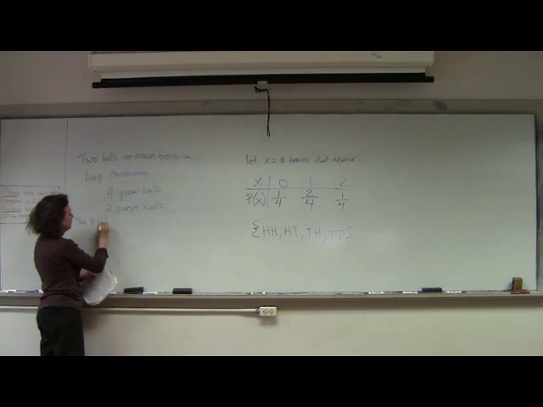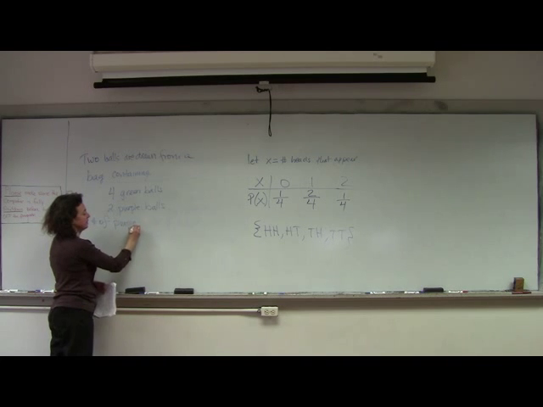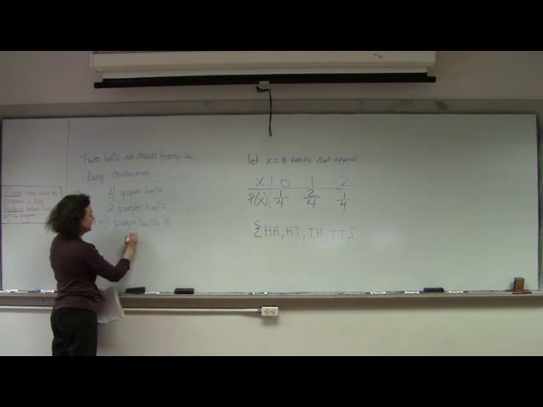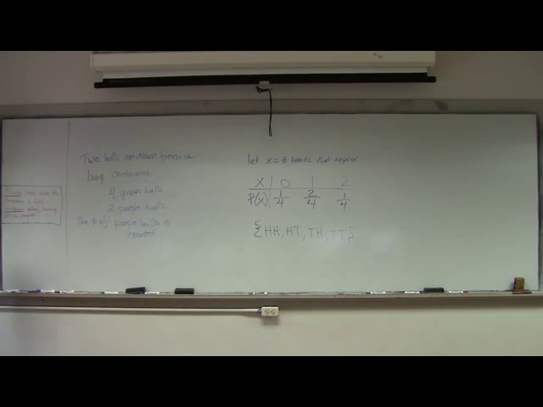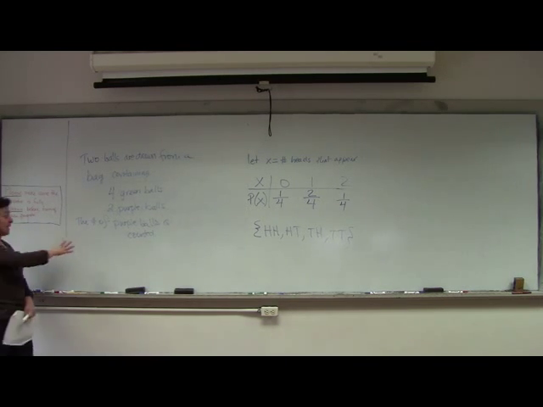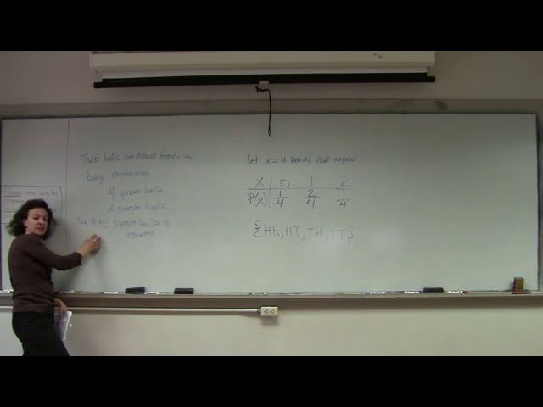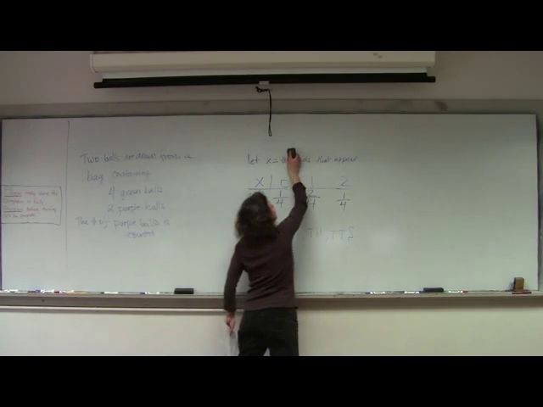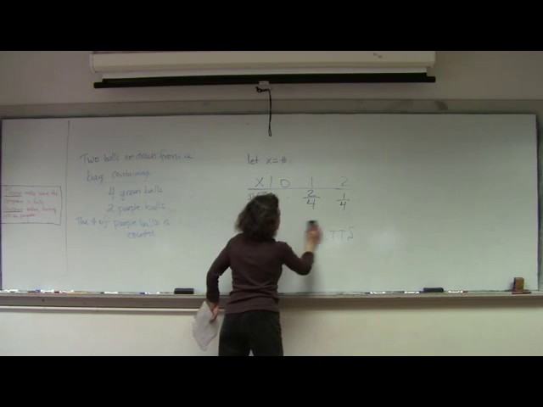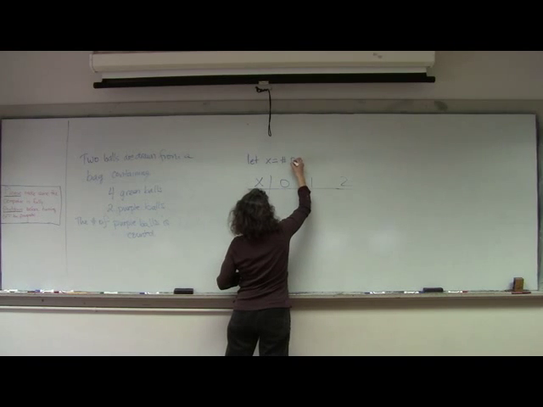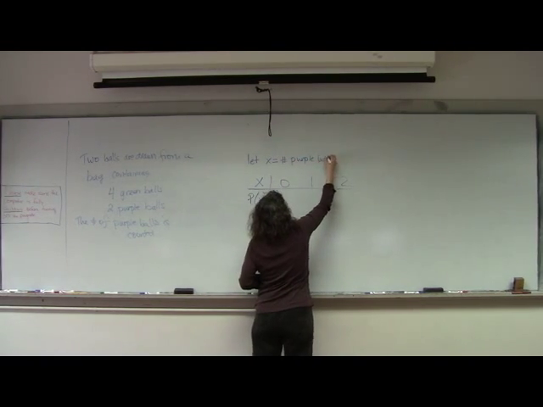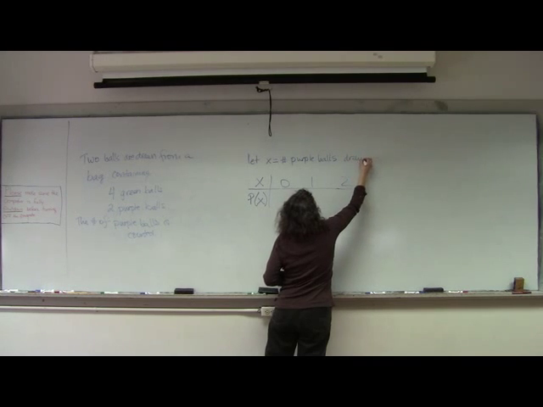The number of purple balls is counted. Okay, so what we need to do now is make our probability distribution table corresponding to this scenario. Again, they tell us what we're actually focusing on here. So in this case, I will let X represent the number of purple balls that are drawn.